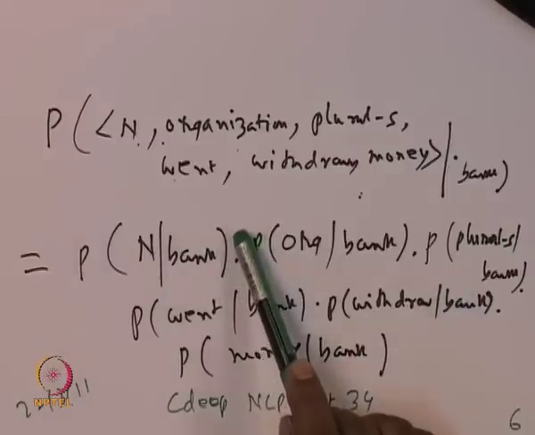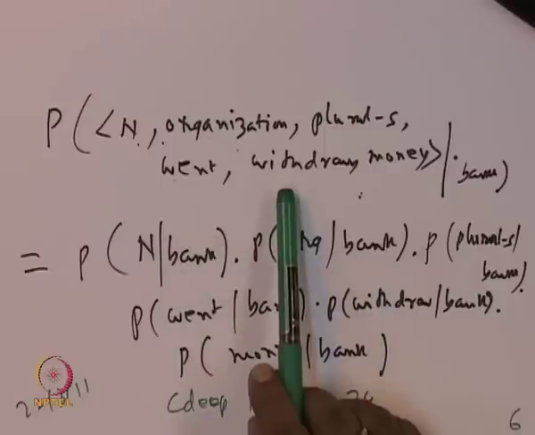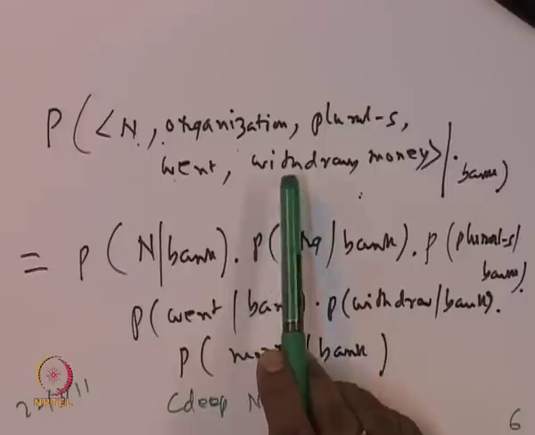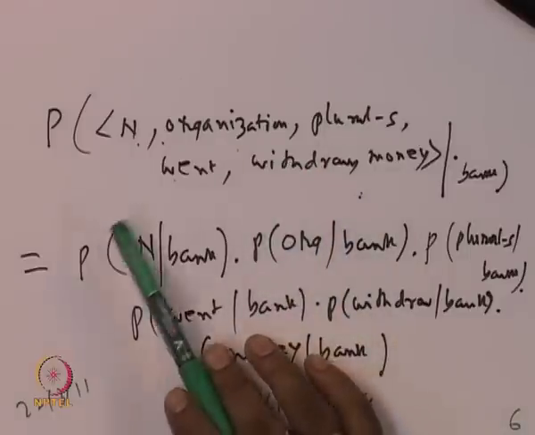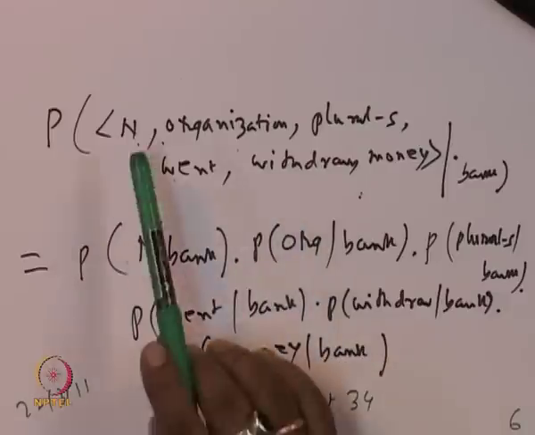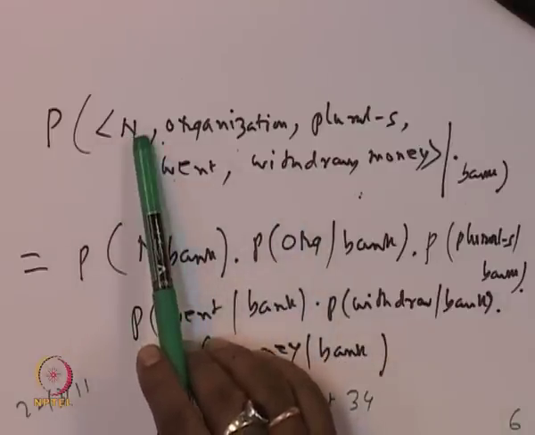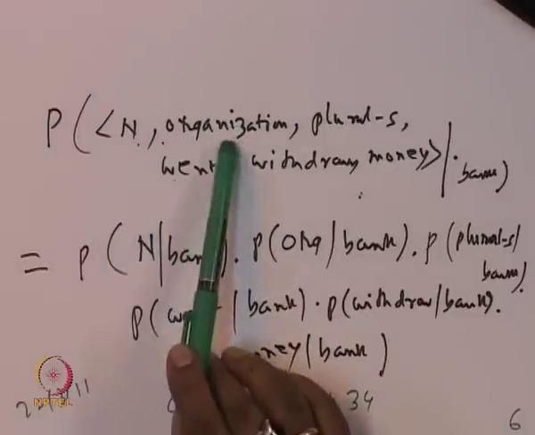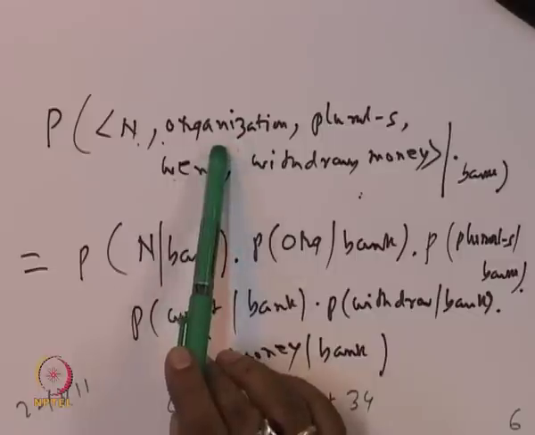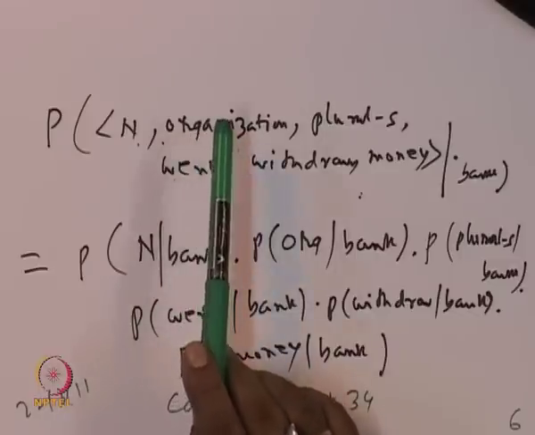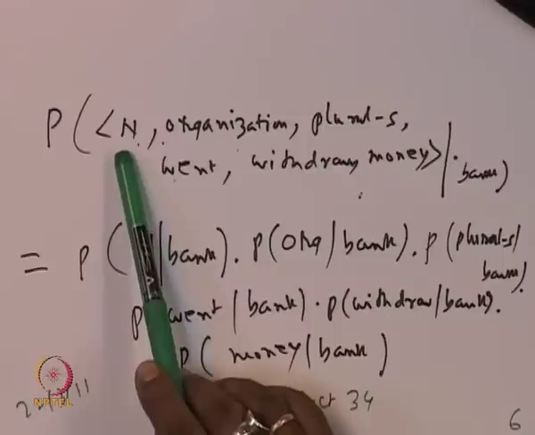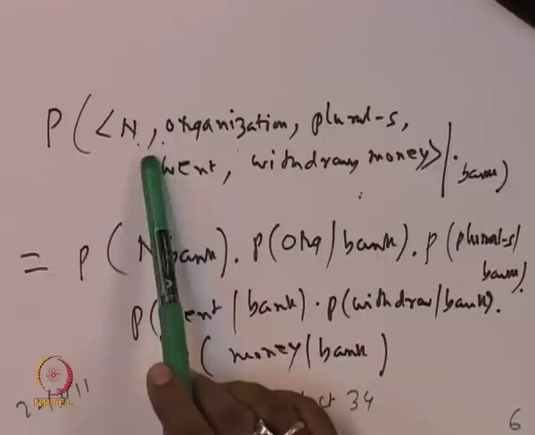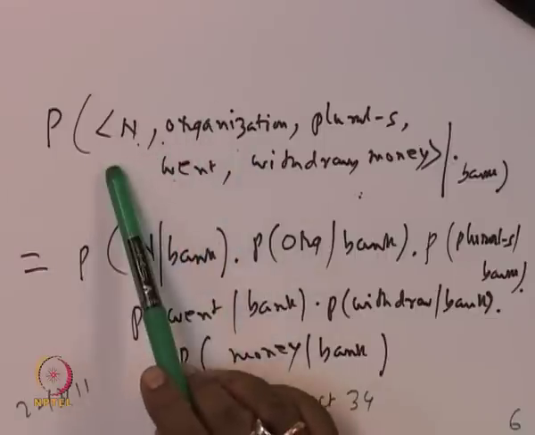Now, clearly you can see that this independence assumption is naive. All right. How can it be that the features are independent of each other? That is not possible. Now, the property of being noun and property of being organization clearly depend on each other. In particular, the property of being organization is impossible if the property of noun is not satisfied. Okay. Anything that is an organization has to be a noun.